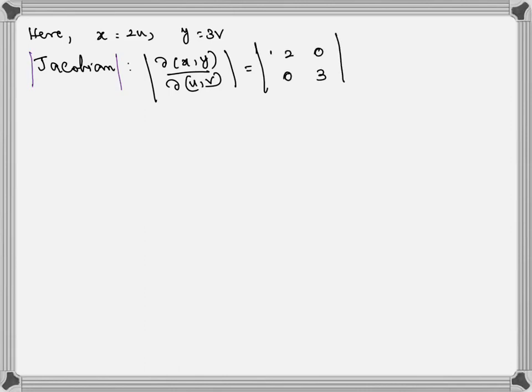So it is the absolute value of: partial x by partial u is 2, first row. Then partial x over partial v is 0. Partial y over partial u is 0. Partial y over partial v is 3. The inside one is the determinant, and the outside one shows the absolute value of the Jacobian. So this is equal to 6.